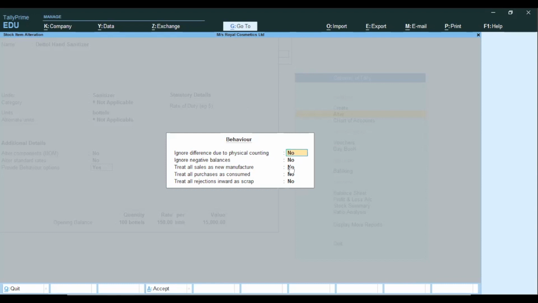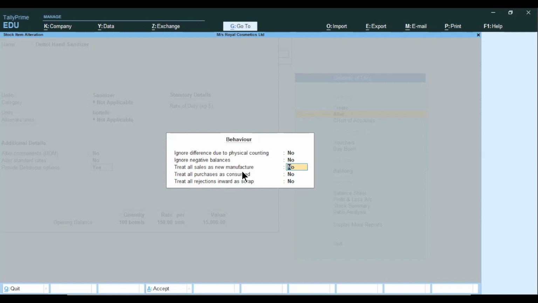It means if the stock we have already purchased is not yet received in the godown, or the invoicing is not yet received, but we still received the order for the goods to be sold, then even though Tally doesn't show the stock available, we can pass the entries by ignoring the negative balances. So this behavior can be enabled.